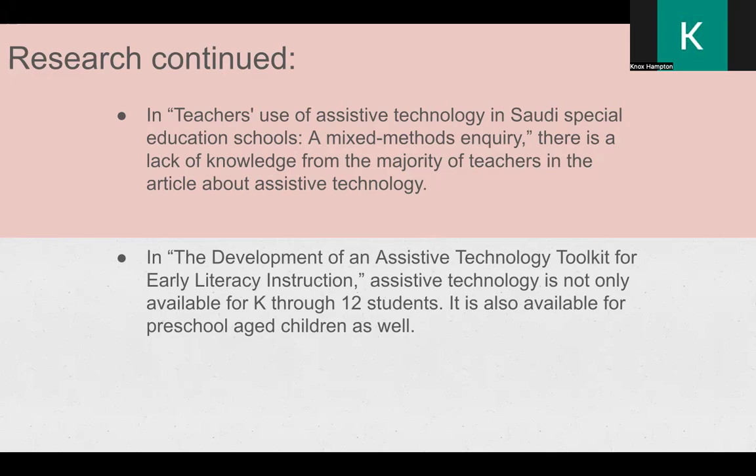And then the fourth article here, assistive technology is not only just for K through 12 students, it's also for preschool age children as well. That article delves into how assistive technology can help a preschooler age student with literacy, and it's very interesting.